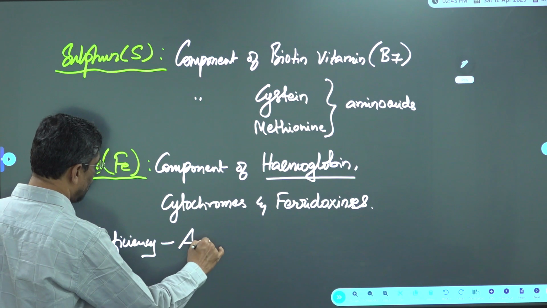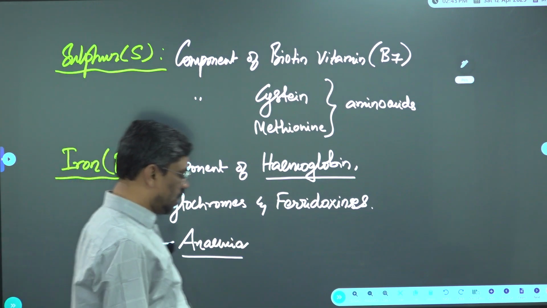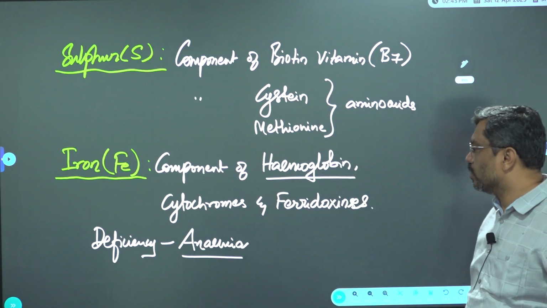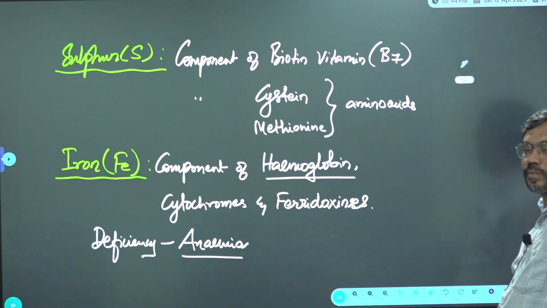Deficiency causes anemia. Anemia means a decrease in RBC count.